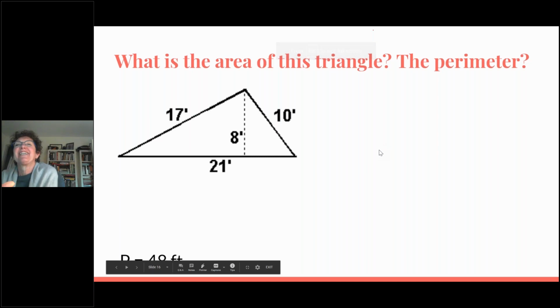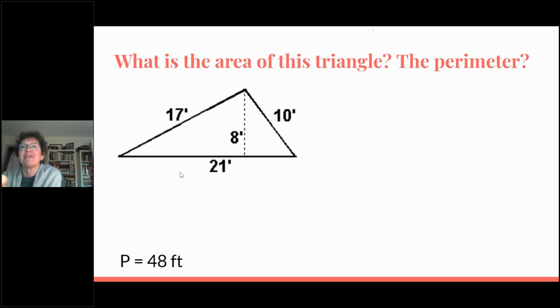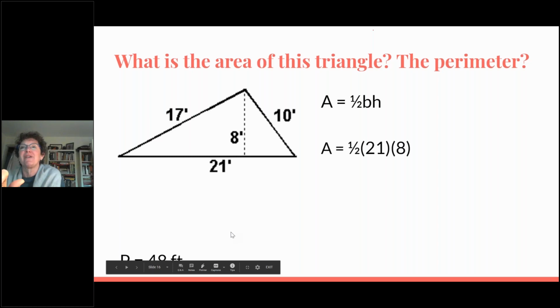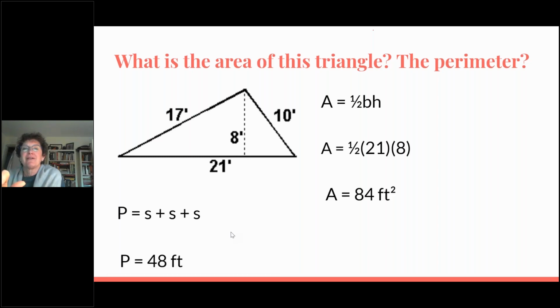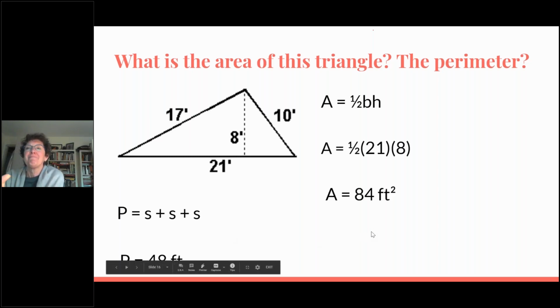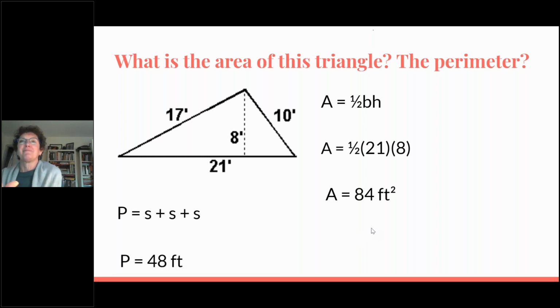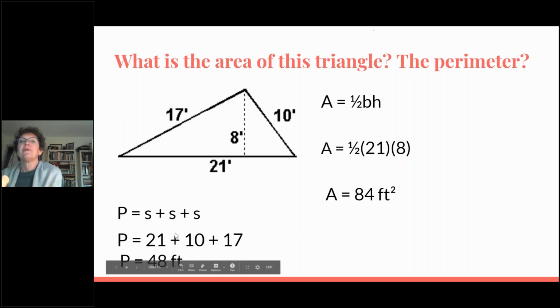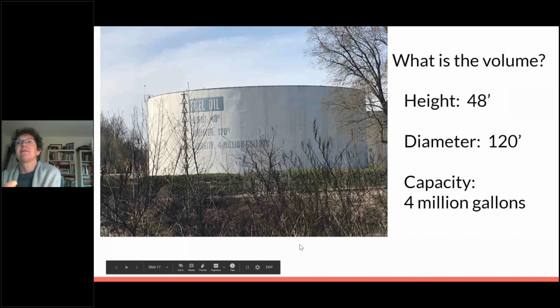Perimeter is just the sides around. It's just linear feet, starting from here to here. We only added, we didn't multiply anything. So the answer should just be 48 feet. Good. So yes, we all make mistakes sometimes. So there it is, the side plus side plus side, 21 plus 10 plus 17, 48 feet.